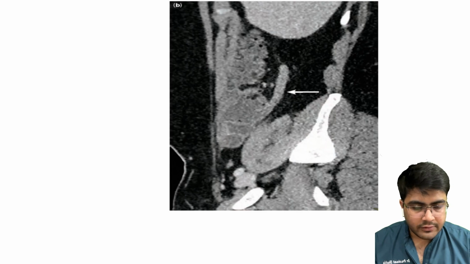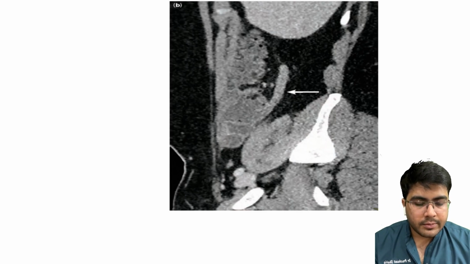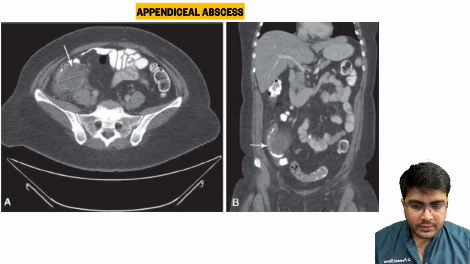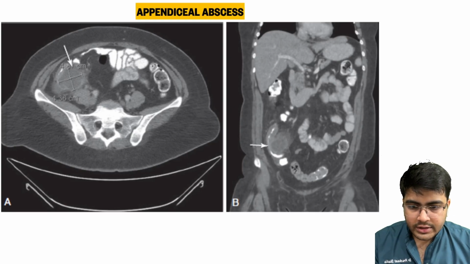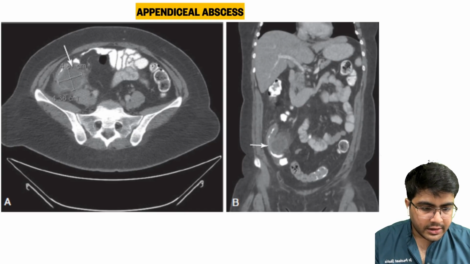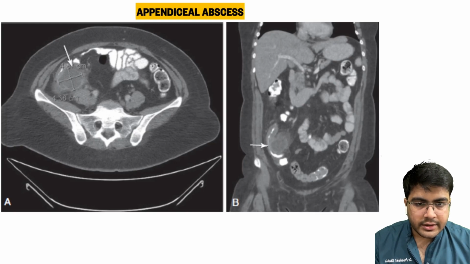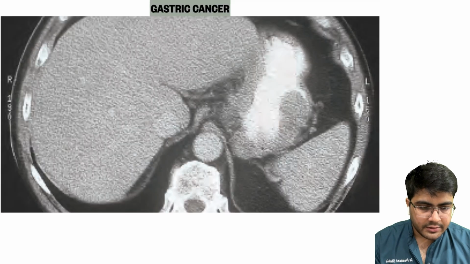So this is a classical feature of acute appendicitis on CT. Next, coming to the appendiceal abscess. Here you can see there is a collection which has been measured and is present in the right iliac fossa, and there is also a contrast-enhanced lining, which denotes dilatation and hypervascularity of the appendix, which is classical with appendiceal abscess.